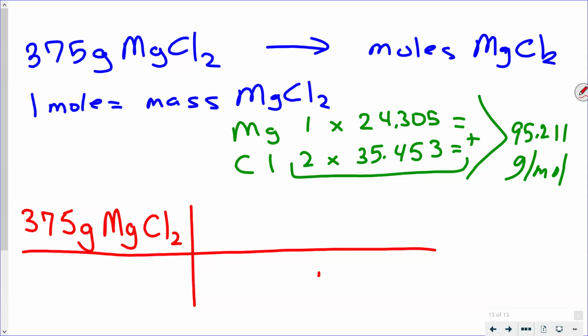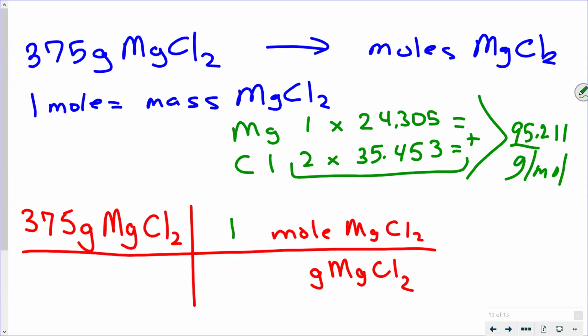The grams of magnesium chloride. Grams converts to mole of the same thing, MgCl2. Now, from our fact, we know that 1 mole equals the mass, 95.21.